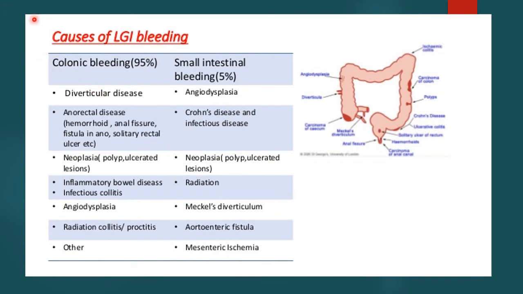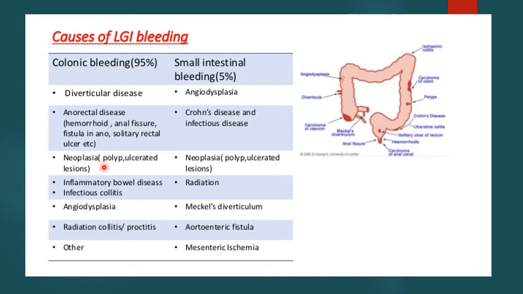What are the causes of lower GI bleeding? 95% of lower GI bleeding comes from colonic bleeding, which includes diverticular disease of the colon, anorectal disease, hemorrhoids, anal fissures, fistula in ano, and solitary rectal ulcer.